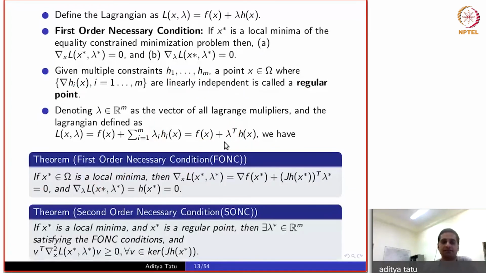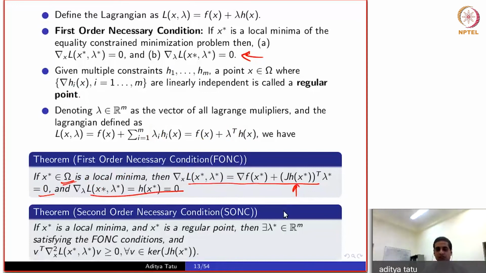Then we just have the same thing in general. First order necessary condition: if x star belonging to omega is a local minima, then it has to satisfy these two conditions, which are just a generalization of what we saw over here. What is this matrix? I hope all of you know.